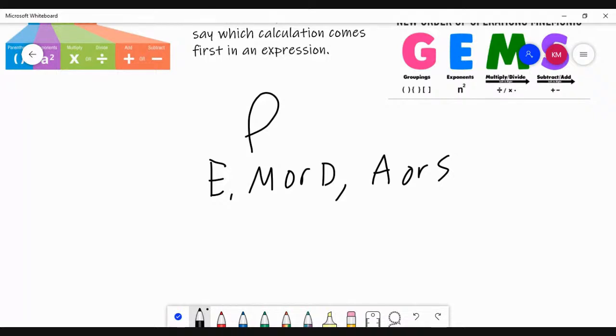So the order of operation starts with parentheses, but within those parentheses, you are doing the exponent first, multiplying or dividing second, adding or subtracting third, and final.